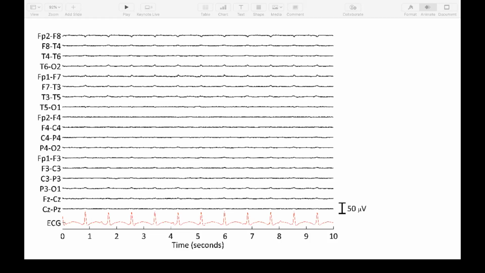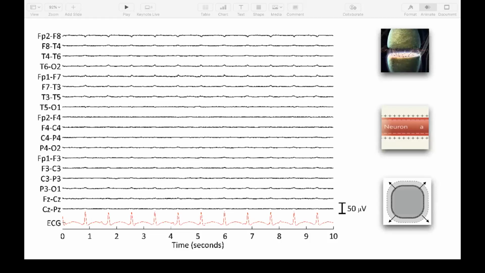So actually, this is the pattern we observe in all patients if we would be called very soon after the cardiac arrest. Of course, we do not know at that particular moment whether this reflects only synaptic failure, or also neuronal loss of membrane potentials, or also cell swelling.